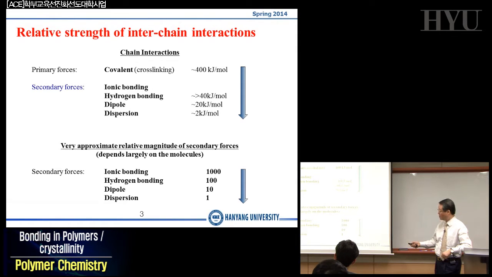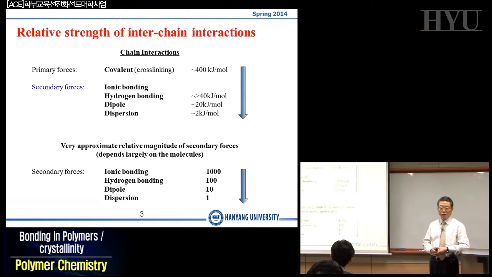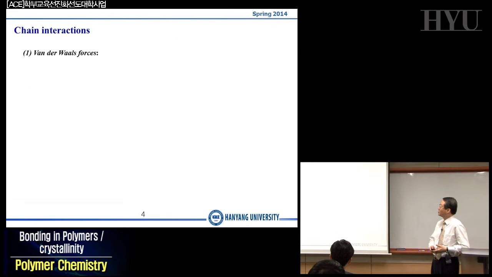And ionic bond is much stronger. Anyway, you can imagine how strong the material, or polymer, will be if you have secondary bonding forces. So we will talk about some cases in the next slides about the hydrogen bonding forces.